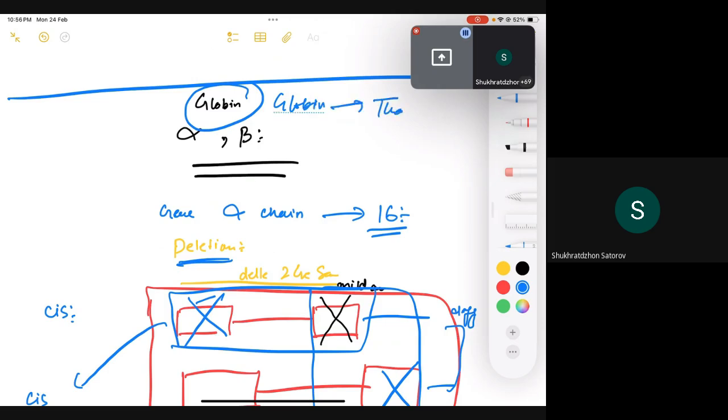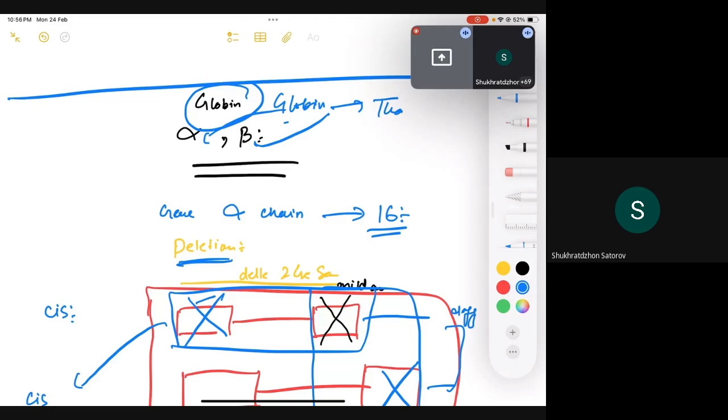But it can be due to 2 causes: either a problem with the alpha chain or a problem with the beta chain. For the alpha chain, we have chromosome number 16, a pair of chromosomes which have 4 genes that encode the production of alpha chains within the globin.